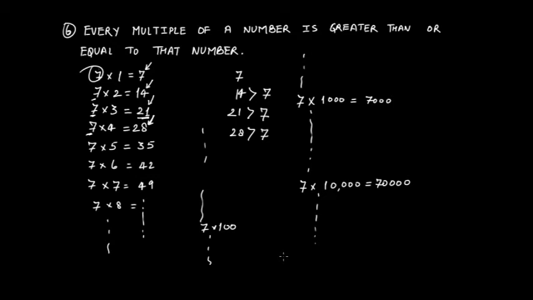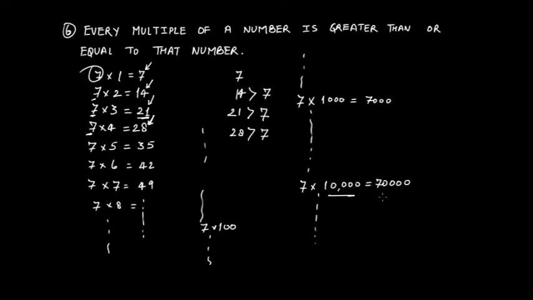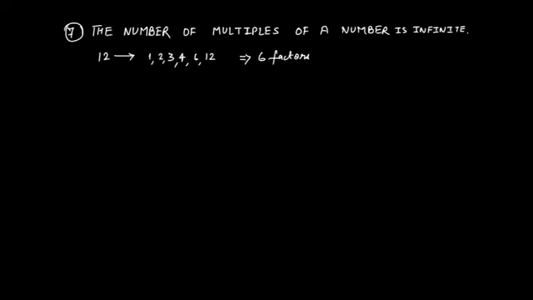It would be larger than what you are seeing here. So that's what it's saying, that the number of multiples of a number is infinite, because it would be 70,000, then it would be 70 lakhs something, then more than that. Okay, so that's infinite. You cannot have a count of the multiples of any particular number.